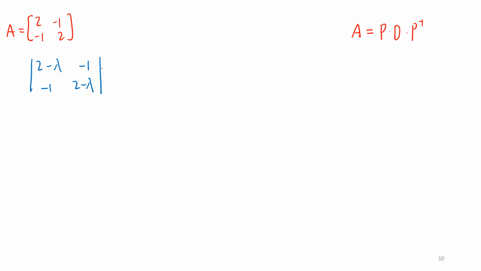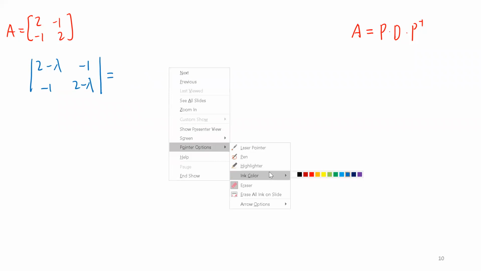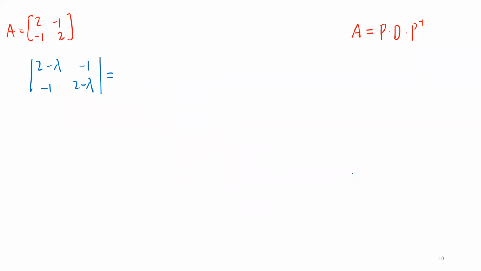Lambda would be the solution of this equation. Let me expand the determinant. What I get is (2 minus lambda) squared minus 1, and this whole thing equals 0.